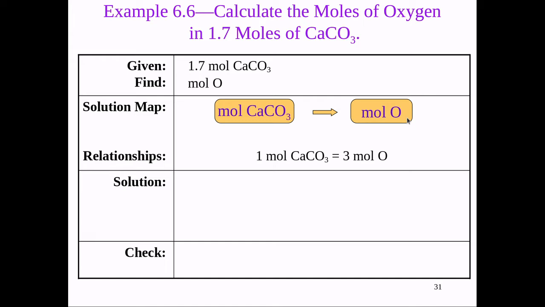So the fact that we need is how many moles of oxygen there are for every 1 mole of calcium carbonate. We've seen now that there's 3 moles of oxygen for every 1 mole of calcium carbonate. And now we see that we want to cancel the moles of calcium carbonate and get out moles of oxygen.